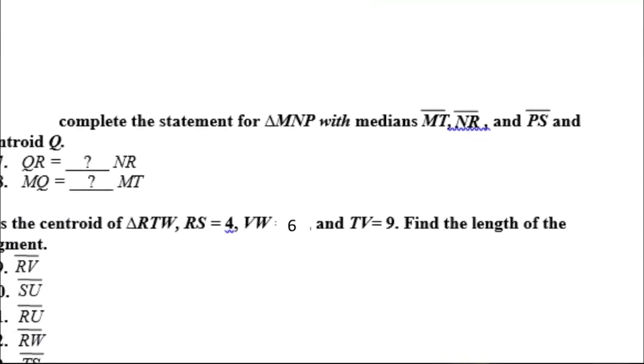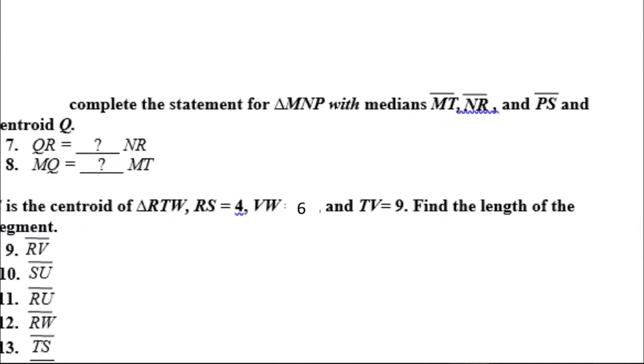Okay, there's no way you're going to be able to do that without drawing it. Okay, maybe you can. I could not. So I'm going to draw this. So if I have triangle MNP, okay, so let me draw this better. So here's this line, and then I'm going to connect that. Right? Okay, so that's triangle MNP with medians MT. Okay, so T must be right here. So I'm going to connect from here to here.